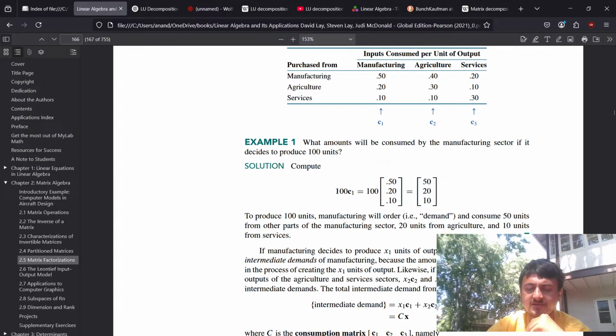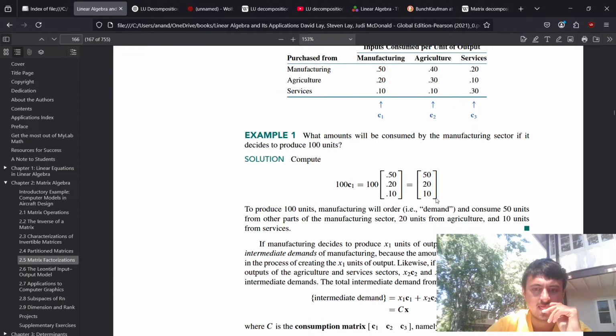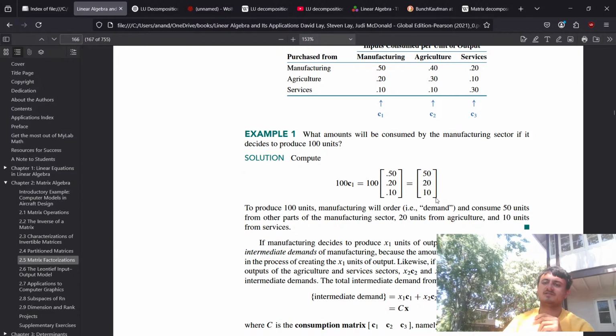But anyways, here's what I was saying. For 100 units of manufacturing, you need 50 units of manufacturing, 20 units of agriculture, and 10 units of service. An interesting question is how this matrix C, the consumption matrix, is actually determined.